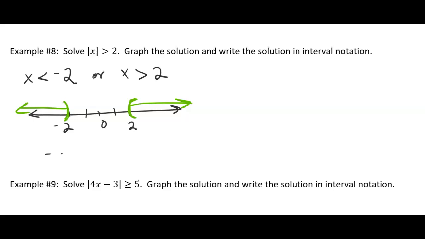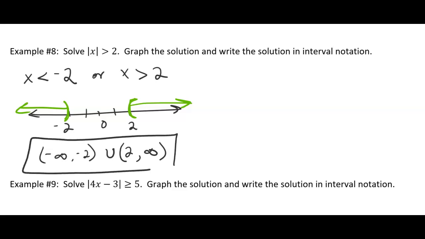It looks like parenthesis, negative infinity, comma, negative 2, parenthesis, union. And when you make that union sign, it's not a U, it kind of looks like a U, but it doesn't have a little tail on it. And then parenthesis 2 to infinity.